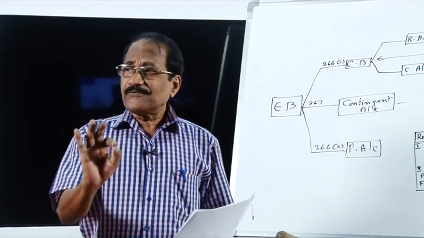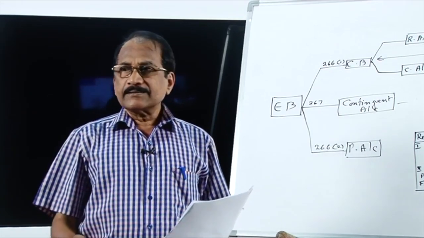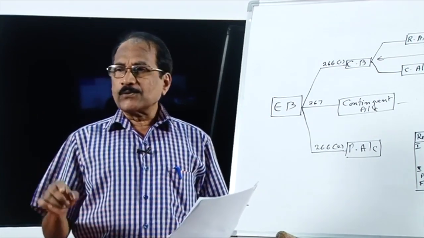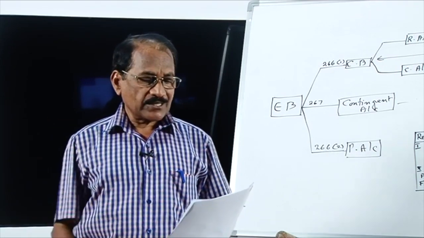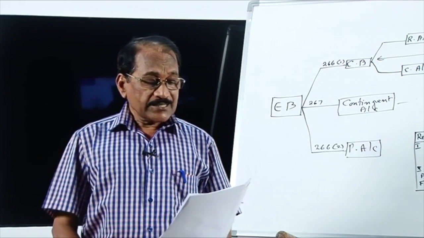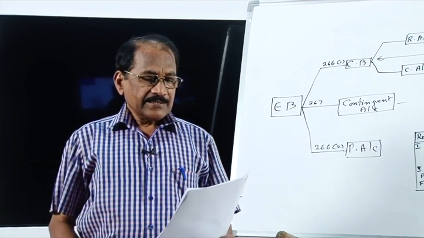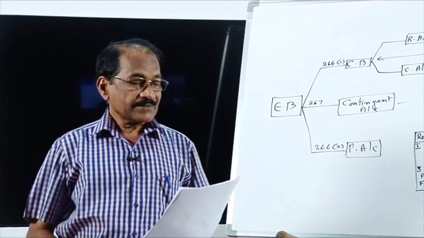Now itself you can cancel the choices wherever statement number 1 is coming. For example, A has 1 and 2, and 1 is wrong, so choice A can be cancelled now. B also consists of 1, 3, so B is also cancelled. Then C and D alone remain.